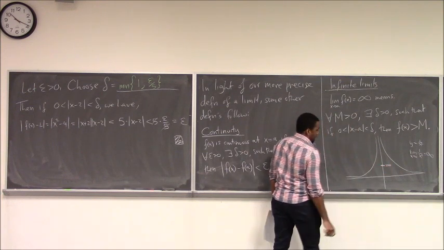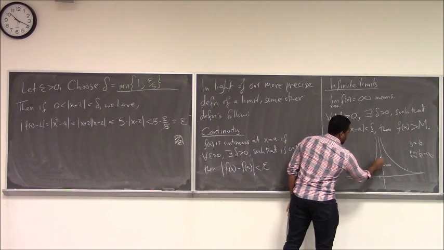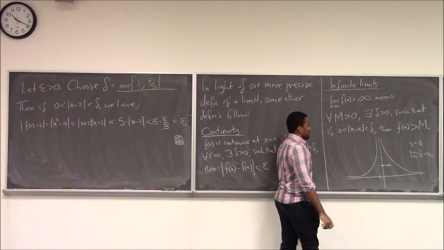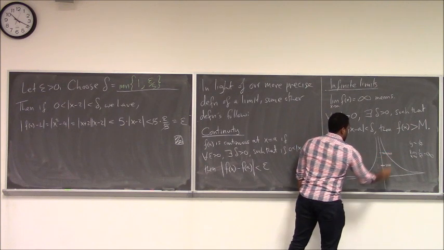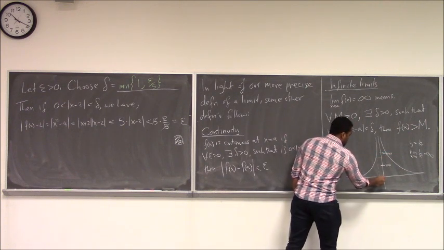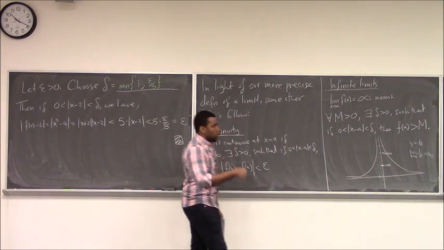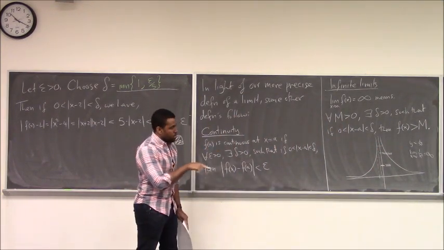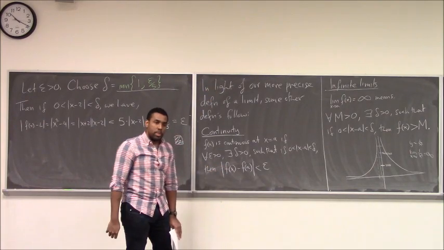All I have to do is make sure my x gets this close to 0, and the y value will pass that. Someone says something bigger, 1,000,000. Well, all I have to do is make sure I get this close to 0, and eventually the y value will pass that. So no matter what number someone tells me, I can make my x get a little bit closer to 0 to make the y values pass that value.